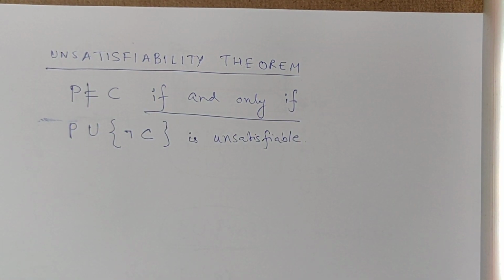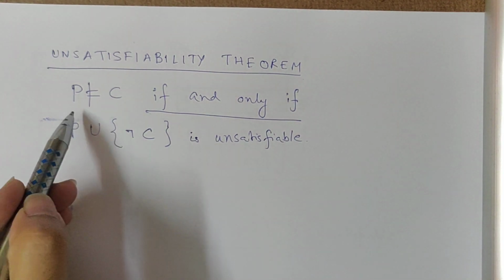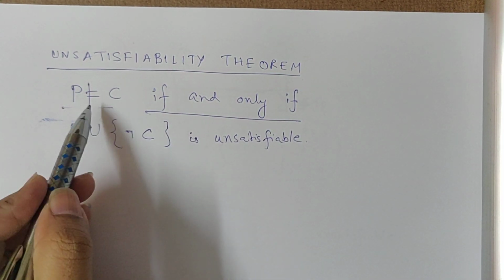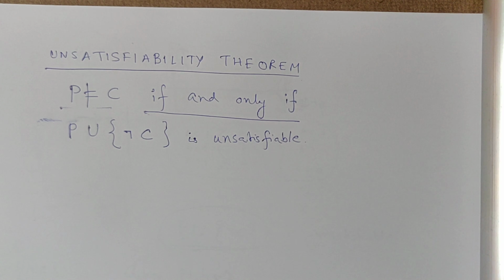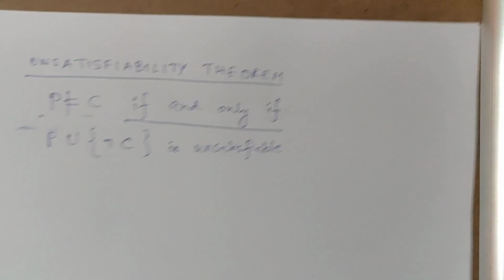If and only if means I have to prove both ways, from this to this and from this to this, but this is what we have done actually in our earlier slide.